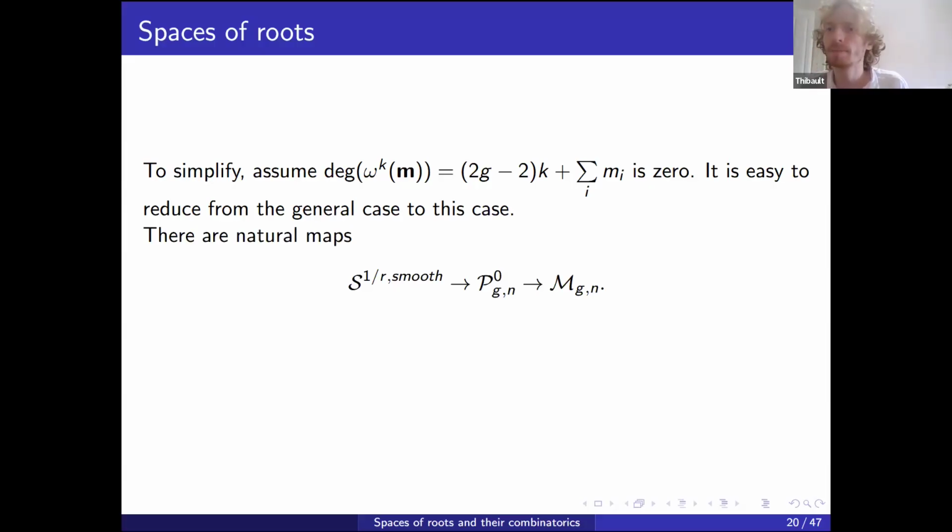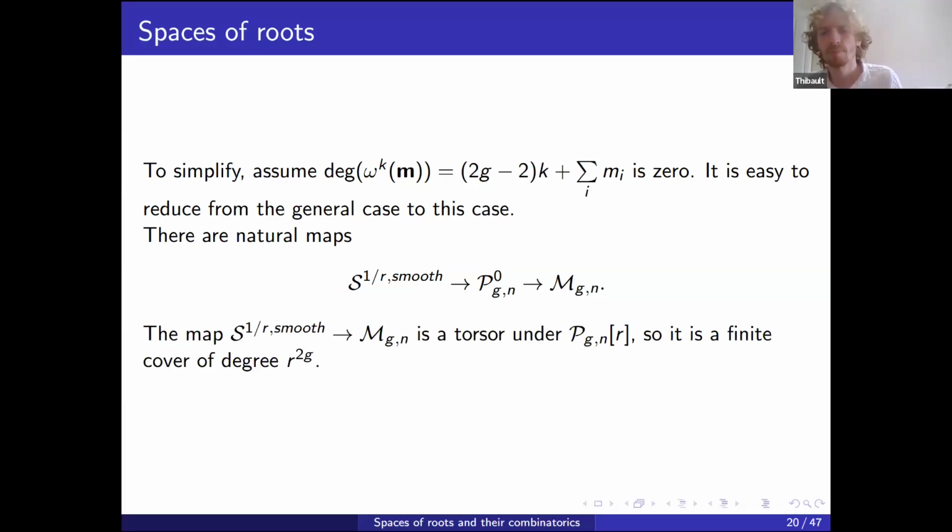Okay, once you've done that, by definition, the space of roots maps to the Jacobian, because the Jacobian was line bundles of degree 0. So we found a map from our interesting space to a universal abelian variety over M_{g,n}. That's the point of this extra hypothesis. And we know that roots inside the Jacobian form a torsor under the torsion of the Jacobian, and that makes S^{1/r} a smooth cover of M_{g,n} of degree r^{2g}, right?